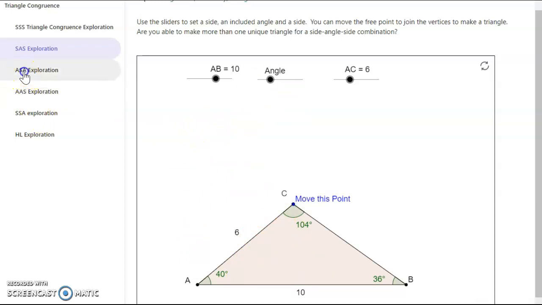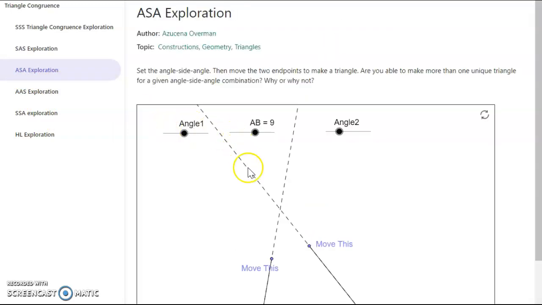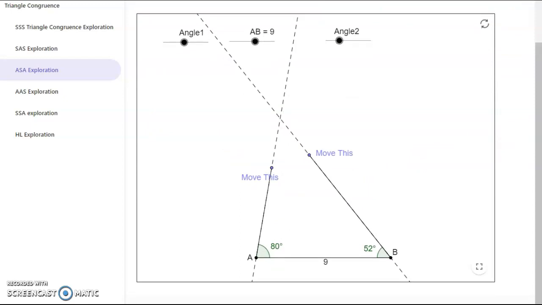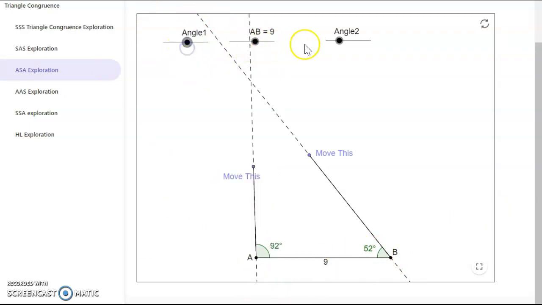Alright, let's try angle, side, angle. What if you are given 2 angles with the side in between? So again, you can move this, you can change the angulation to what you want, but just explore.